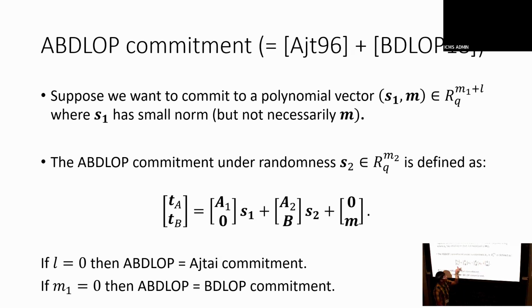Because TB is equal to BS2 plus M, the size of TB is the same as the size of M. If S1 is there, then your TB also grows linearly. So the goal is to commit to the big things, not many of them, while all the things with small norm go in the top part. Good.